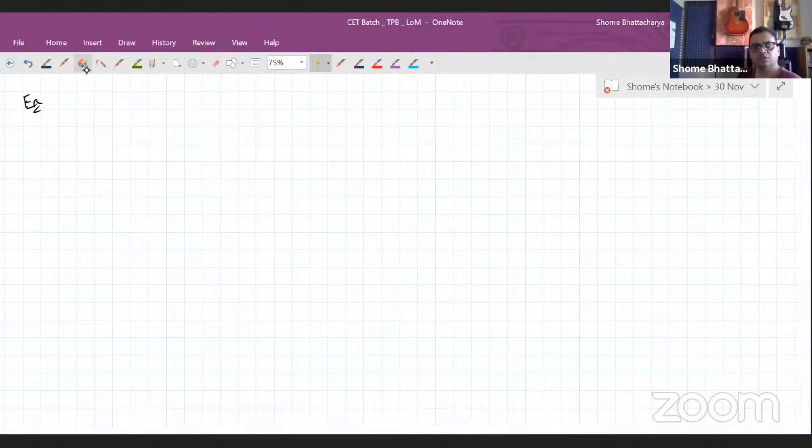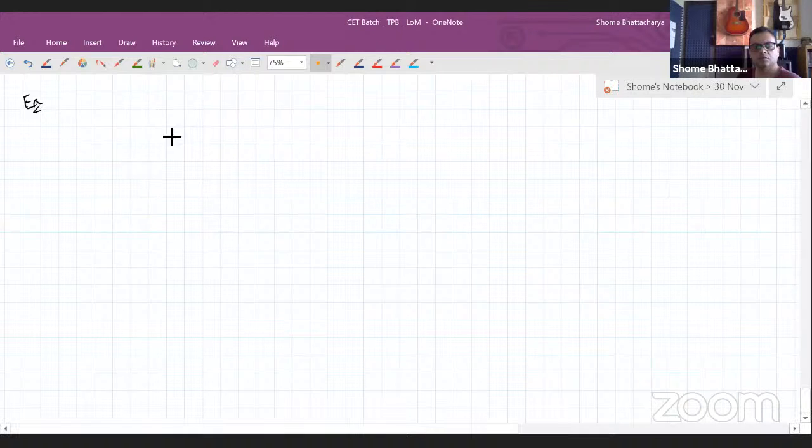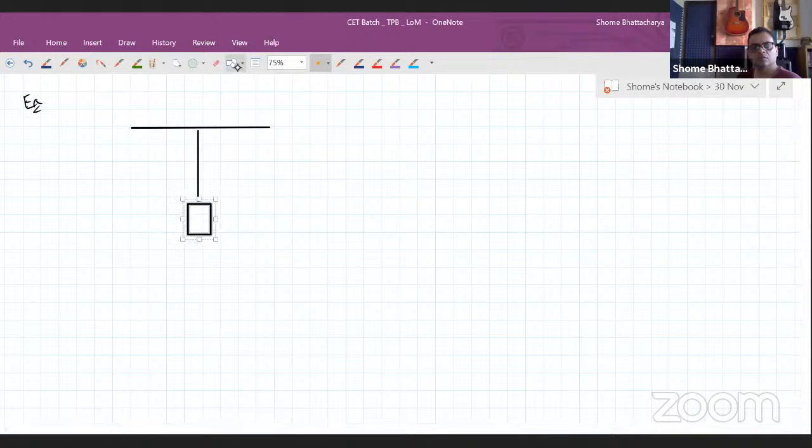So in this next case, this time we have a combination of two blocks, like this.